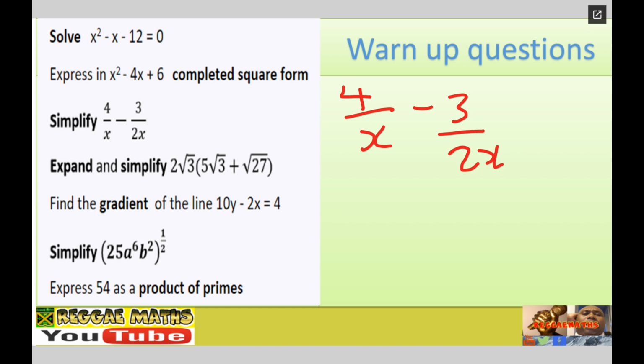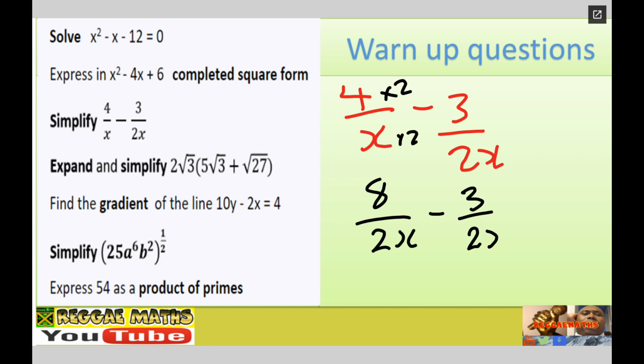This works like normal fractions, so we need to make sure the denominator is the same. So I need to times the x by 2, and times that 4 by 2, I get 8 over 2x minus 3 over 2x. You notice the denominator is the same, so I can just take away the numerators. So this is going to give me 5 over 2x.